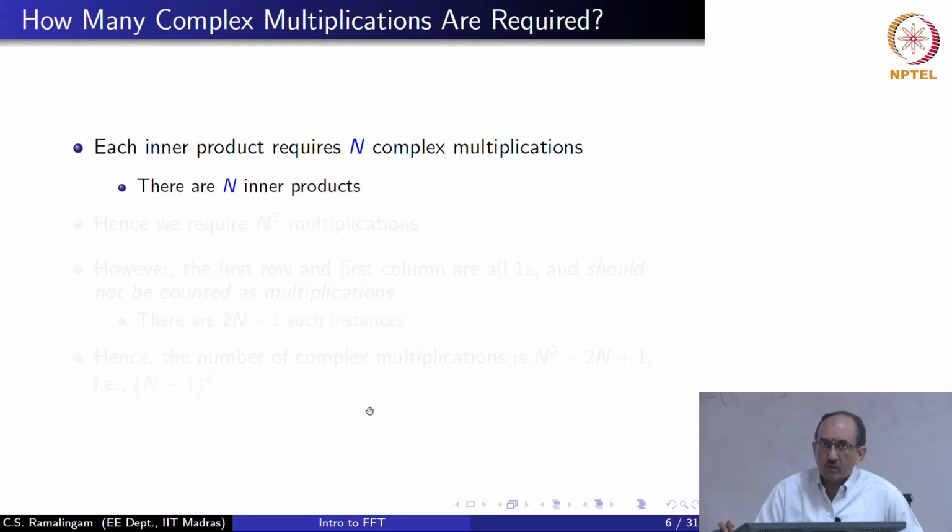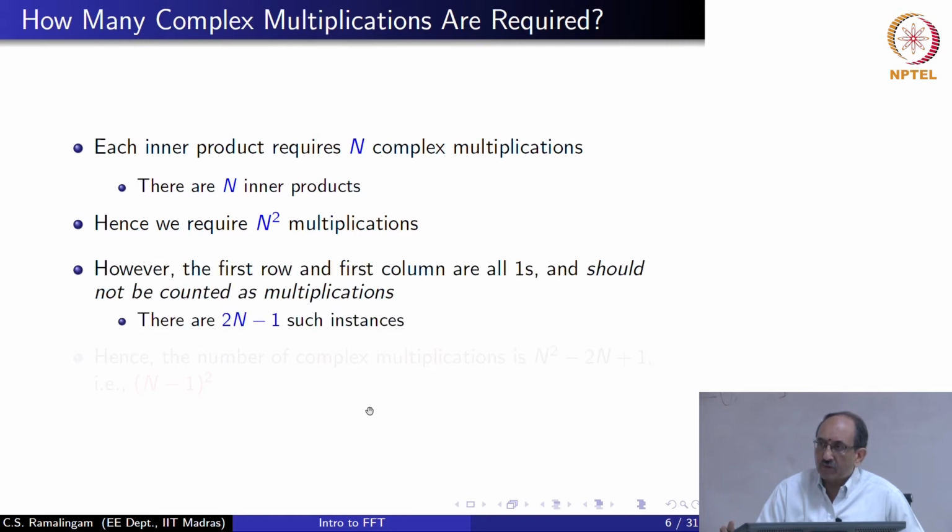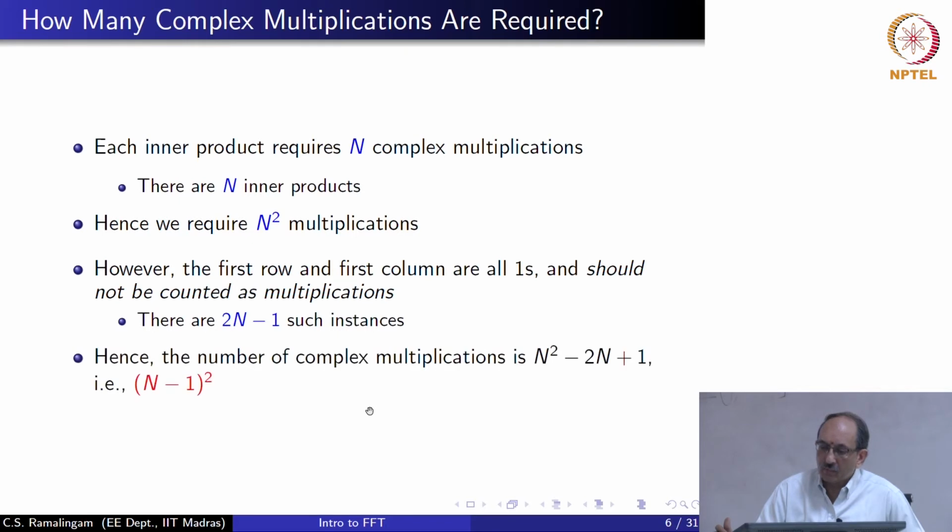Now, I had mentioned that the computational burden is quite large. To get a feel for that, each inner product requires N complex multiplications, and there are N such inner products, and hence we require N squared multiplications. But if you look at the DFT matrix, the first row and the first column, which correspond to n equal to 0 and k equal to 0, are all 1s. Therefore, multiplication by 1 is really not a multiplication, and there are 2N minus 1 such instances, and hence the number of multiplications is really N squared minus 2N plus 1, which is N minus 1 whole squared.